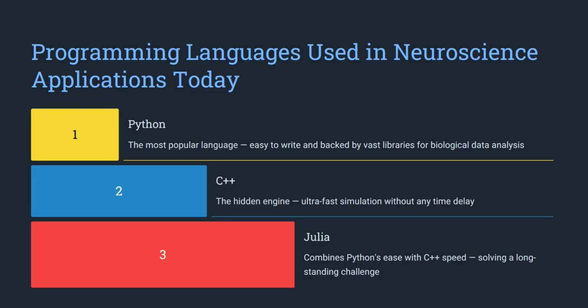This is ultra fast and runs the simulation efficiently. Third one is called Julia. This is a smart language because it is easy like Python, with the speed of C++.